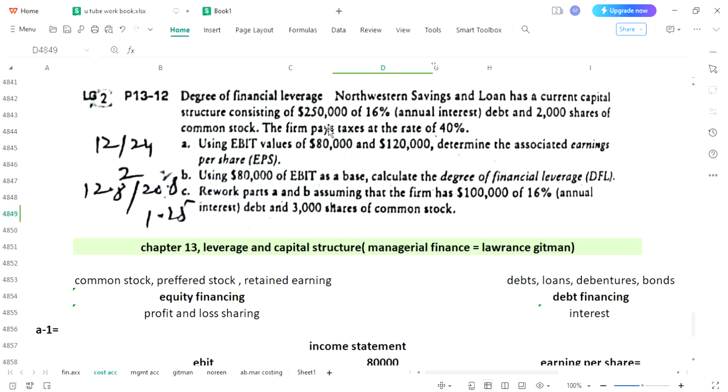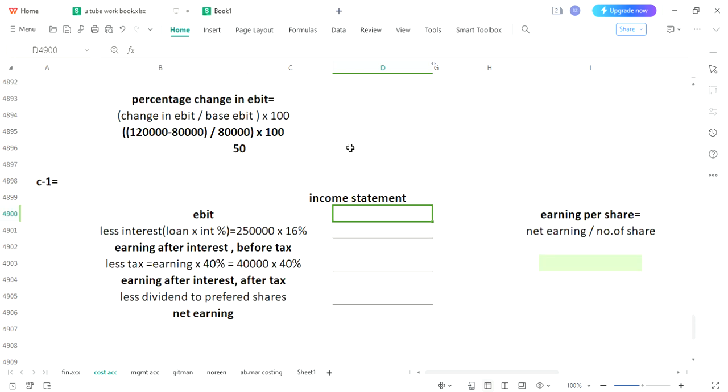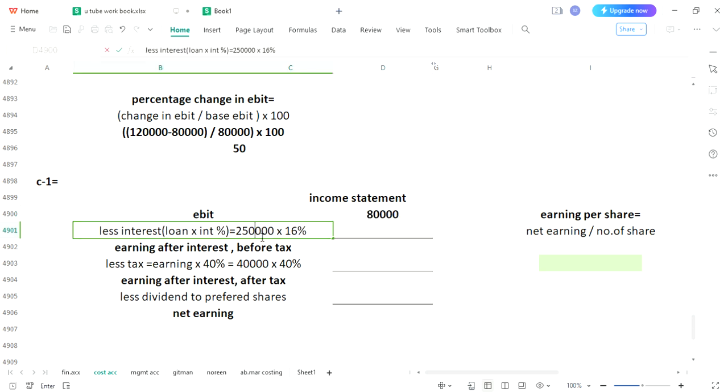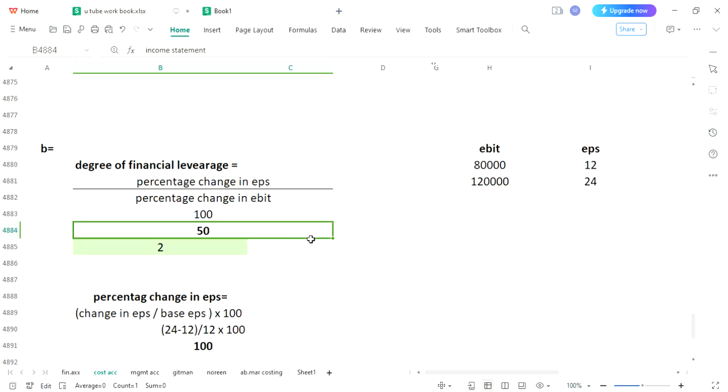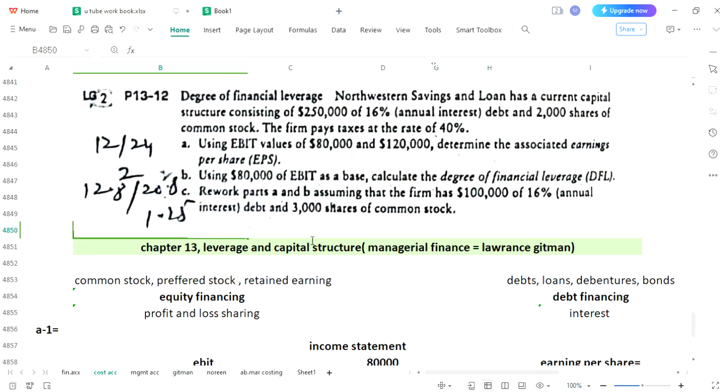So these inputs present in the question have been changed, while in requirement everything is the same. 80,000 is your first EBIT, you can put over here. And now we will change it because it has been said amount of loan would be 1 lakh instead of 250,000.